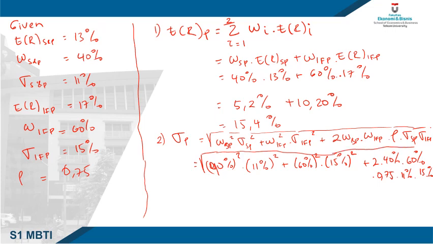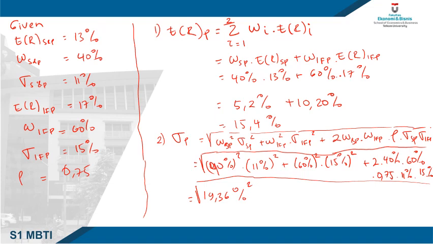Now, 40% squared plus 11 squared, so this will give you 19.36.